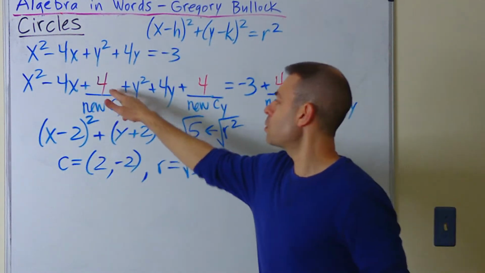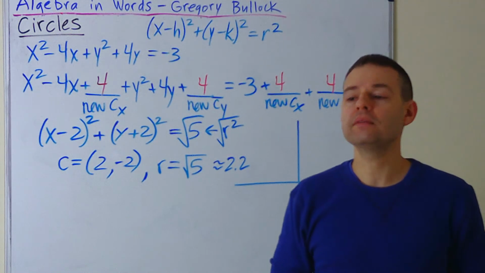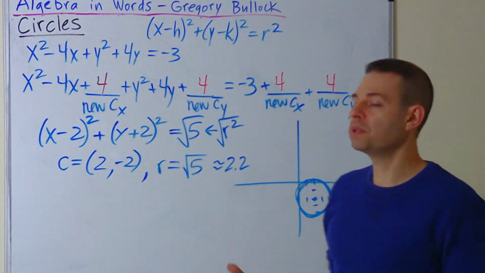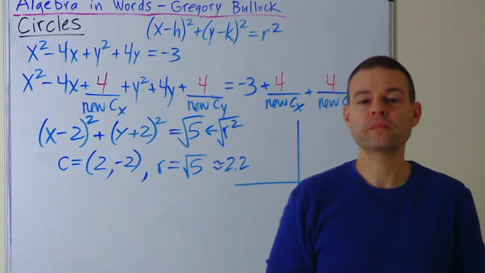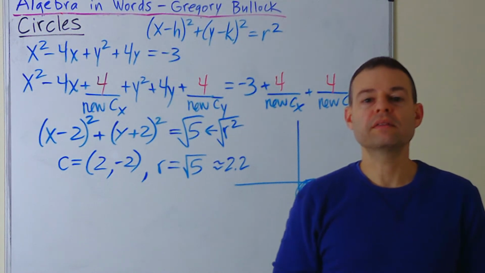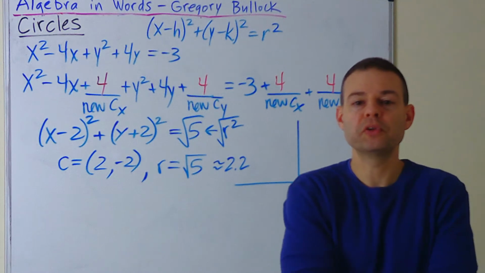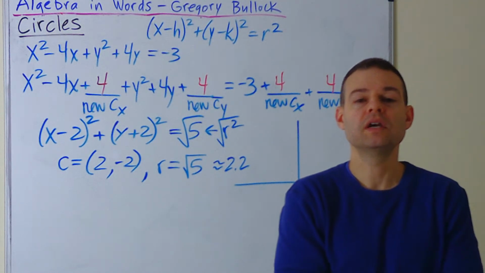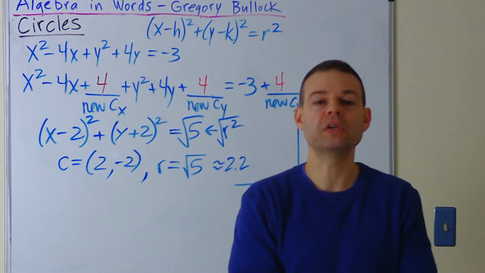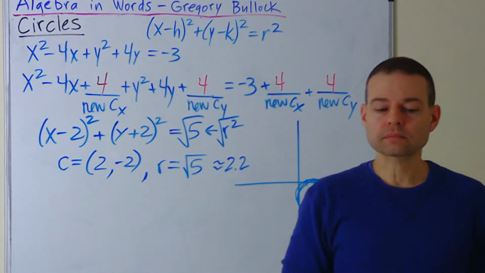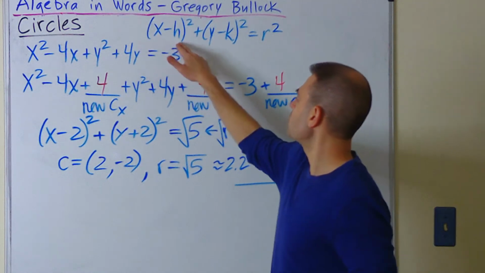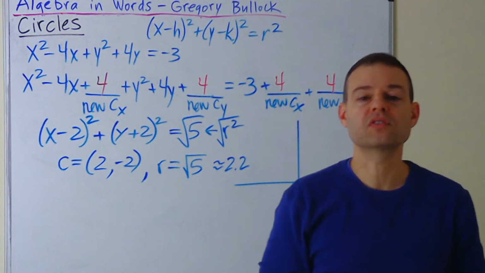We complete the square using the mini formula b over 2 squared. That creates a perfect square trinomial for both the x's and the y's. Then we factor the perfect square trinomials into binomials squared, and that's what puts it into this form, which is the standard form of a circle.